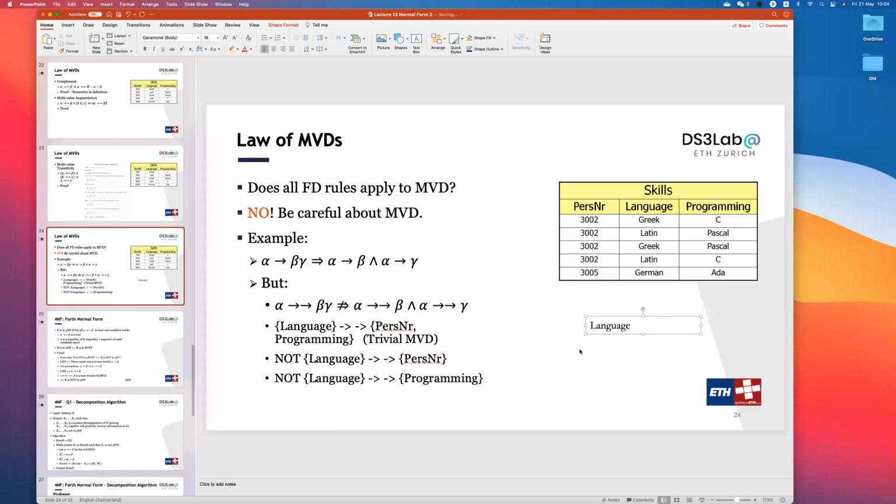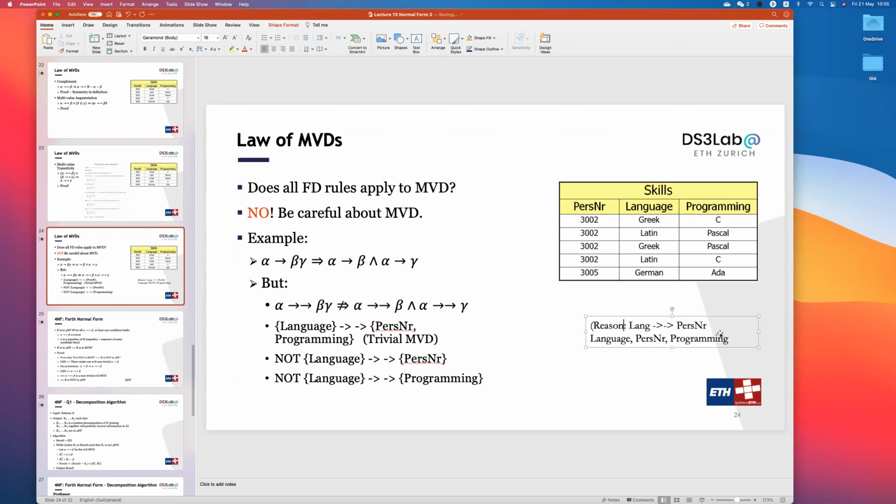This is a really trivial case. Okay, so let's rearrange this. We have language, person number, programming, and our task is to reason about the MVD between language and personal number, right?